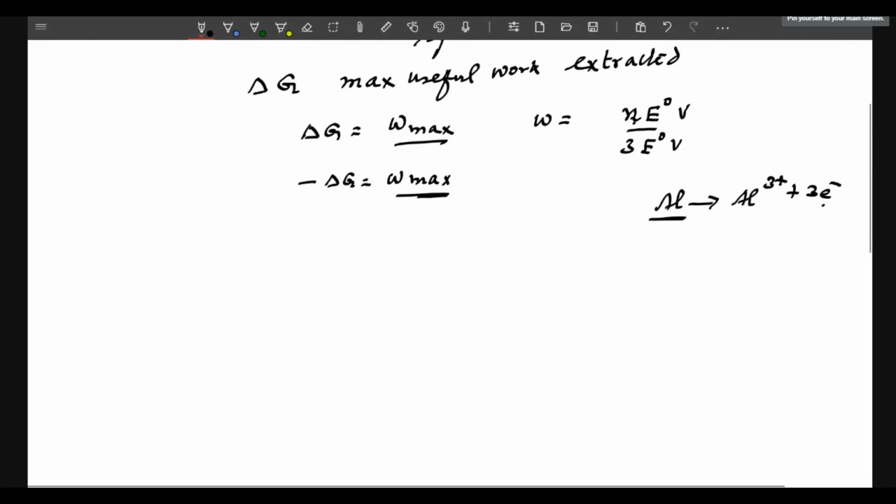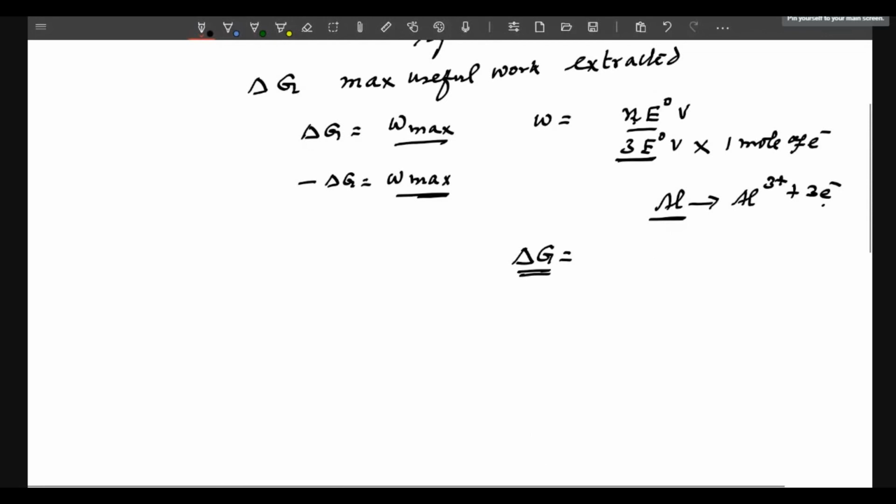But if you convert this into delta G, it is the energy change per mole, 1 mole. Therefore, this should be converted. This work is for the release of 3 electrons. For the release of 1 mole of electrons, that is the Avogadro number of electrons released, how much amount of energy is released? That we call the free energy change.